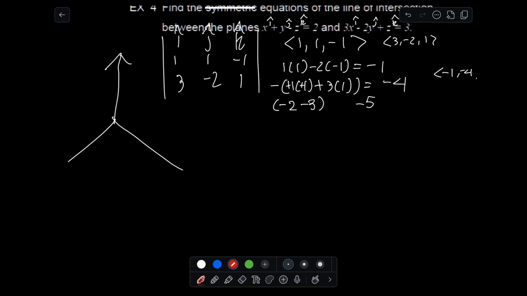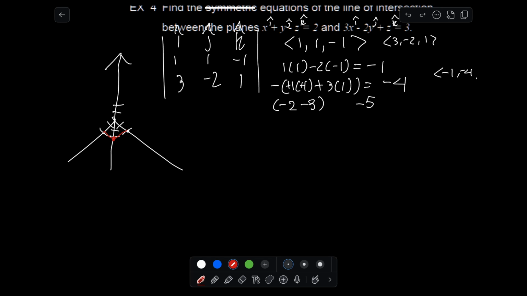So if we did x plus y minus z equals 2, you could kind of envision that the plane would be going down to here and form like a triangle, like a tetrahedron of sorts, and you can envision the same thing with this.